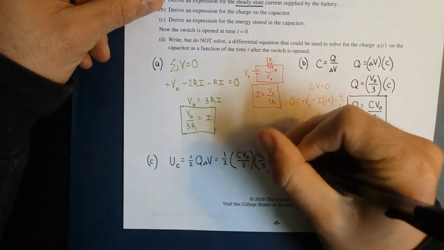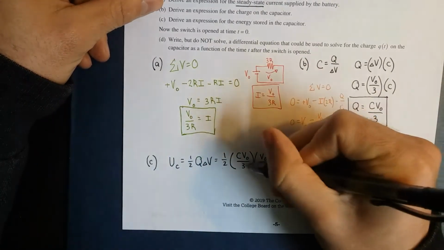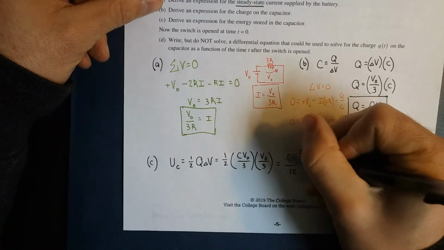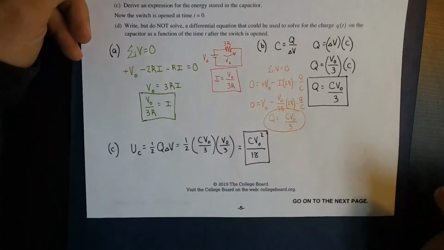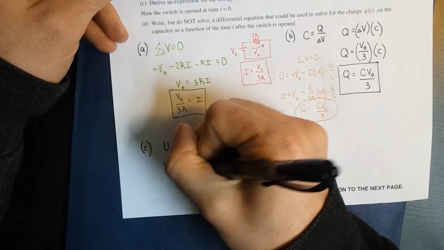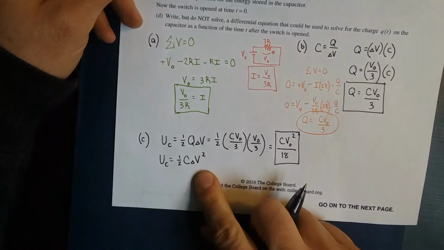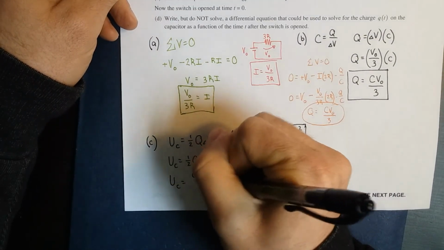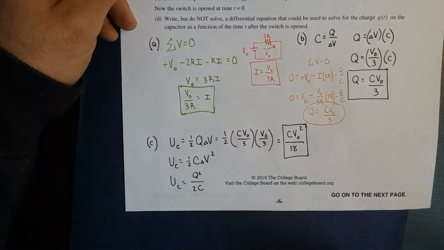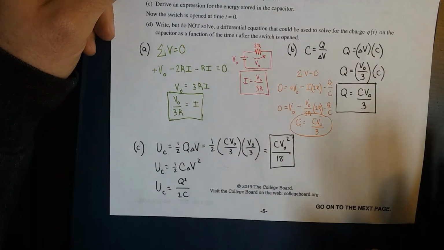So that ends up being C times V naught squared over 3 times 3 times 2, which is 18. And I'm sure if you use the other ways to find the potential energy of a capacitor, 1/2 C delta V squared, or Q squared over 2C, those would work as well. You'd always end up with that same answer.